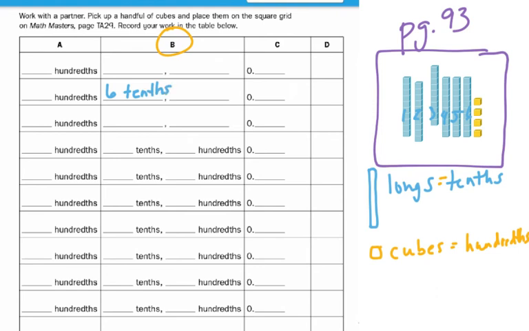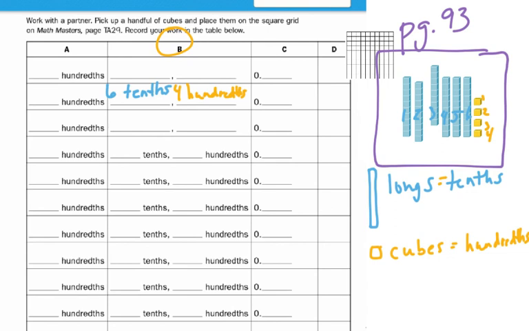Then I'll count. I have 1, 2, 3, 4 hundredths. If I add them all up together, I would get 64 hundredths. In other words, in this flat, I would be able to cover 60.